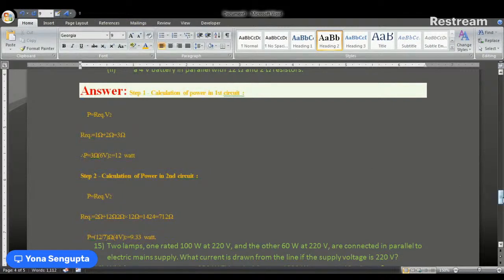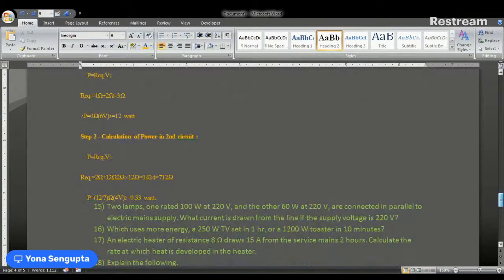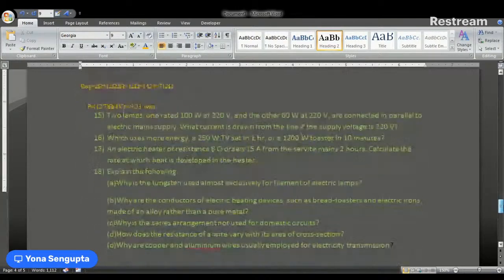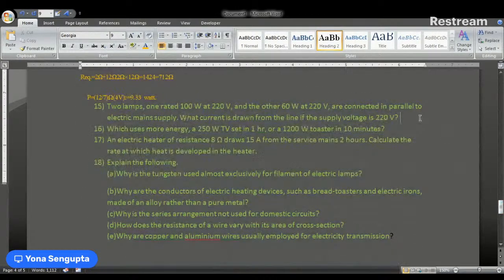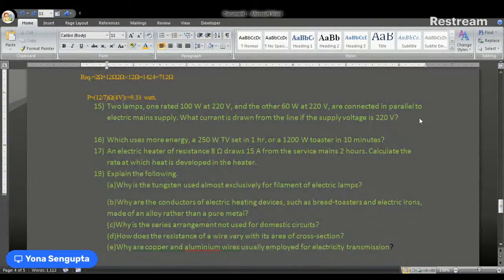Okay, so this is the answer. I have done the first one and the second one too. Next, let us move on to number 15.